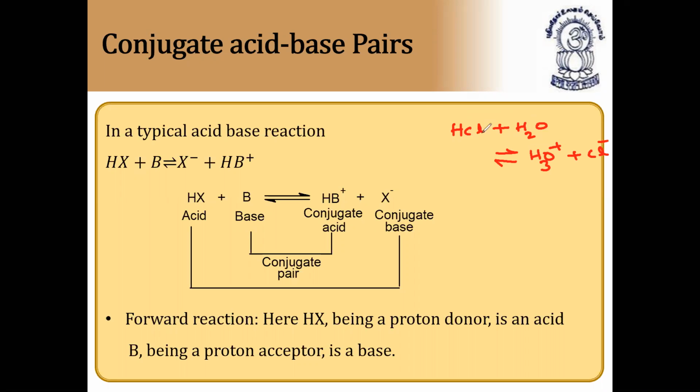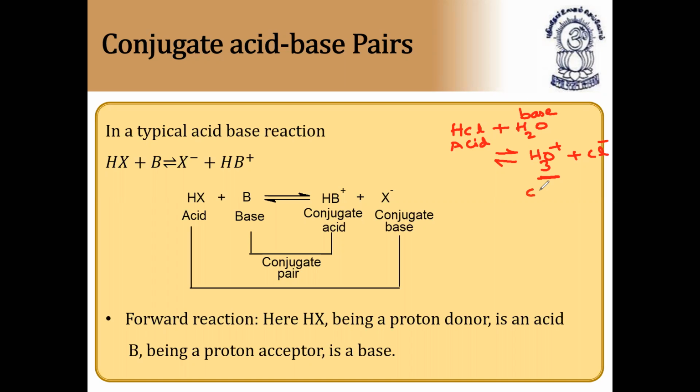So here HCl is donating its proton to water. That's why it becomes H3O plus. So HCl is an acid, and since water is accepting a proton from HCl, water is a base here.